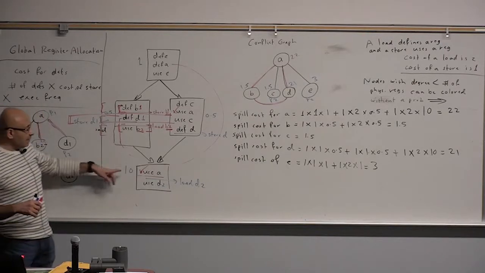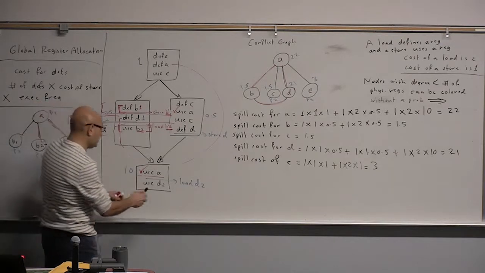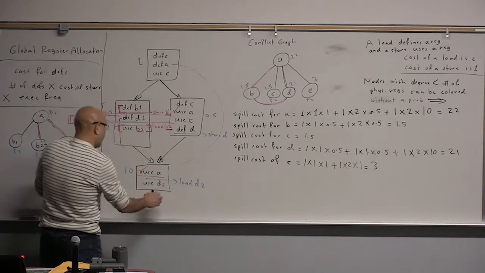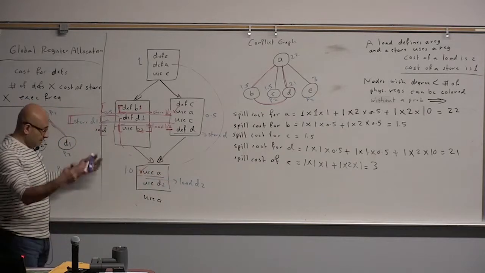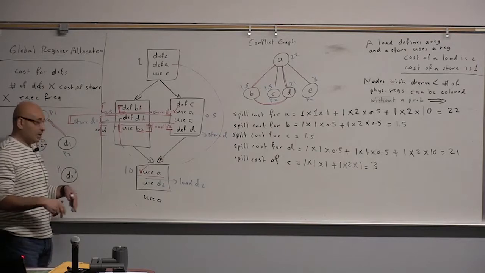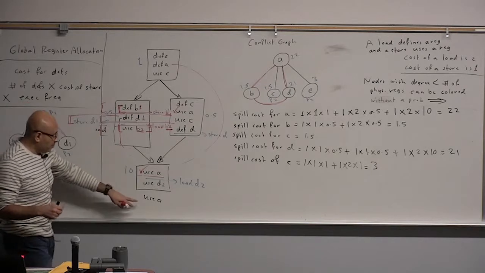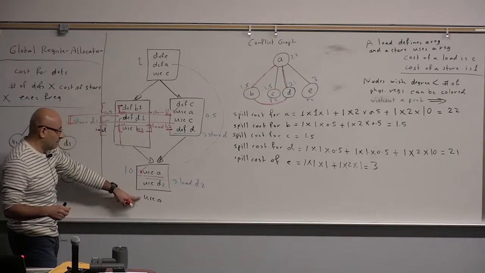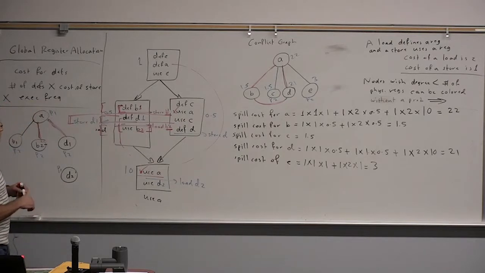Yeah, so for example, if we had another use of A here, then A would conflict with D. But you are making the problem harder. Okay. But if we had a use of A, then this would have been conflicting with D.